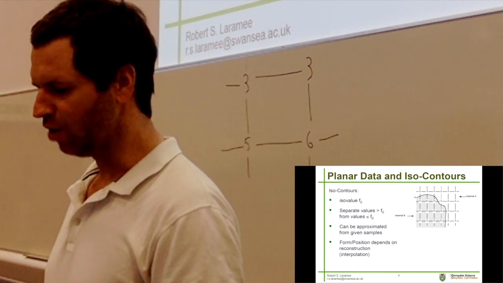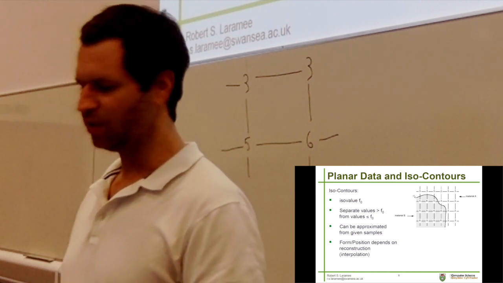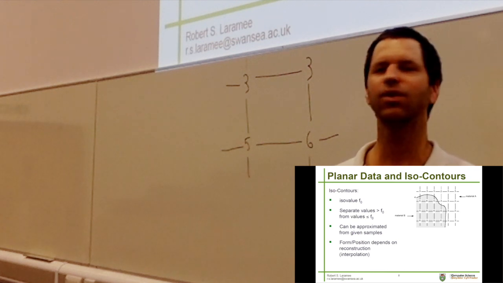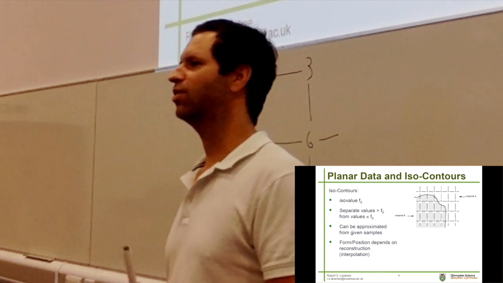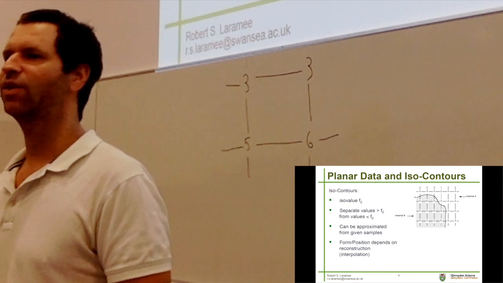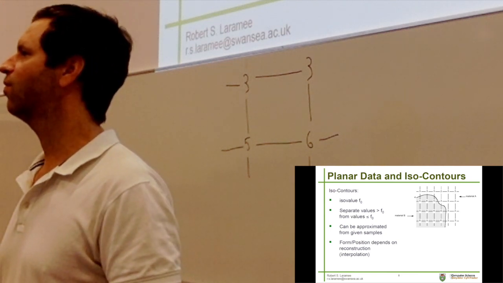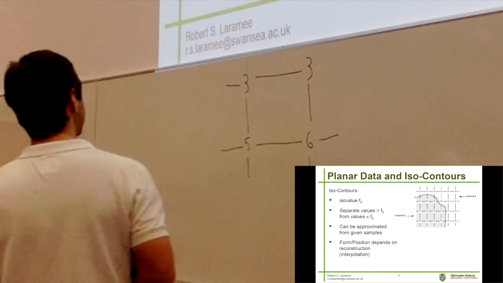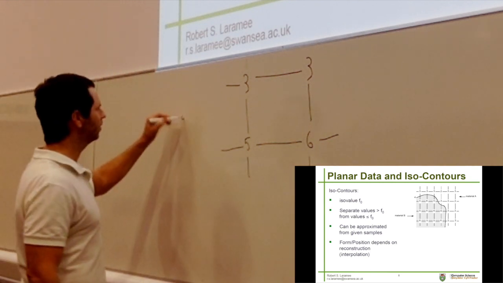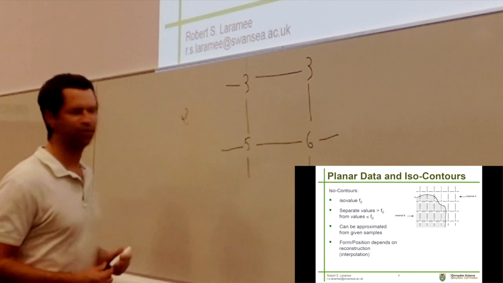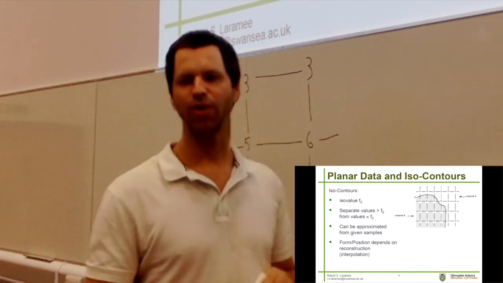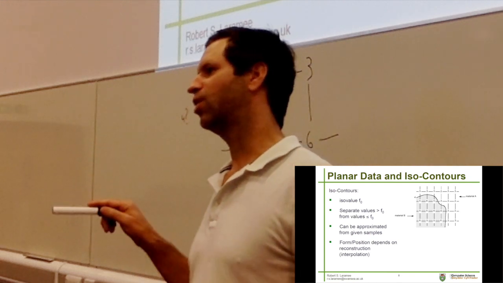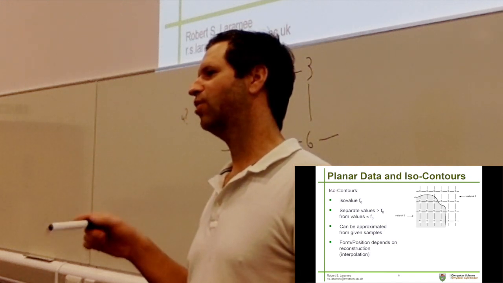And in this case, the ISO value is what? The user has chosen an isocontour corresponding to the value of what in this case? 4, correct. So the user says, show me the isocontour that corresponds to 4. I want to see a curve, and everywhere on that curve corresponds to the value of 4.